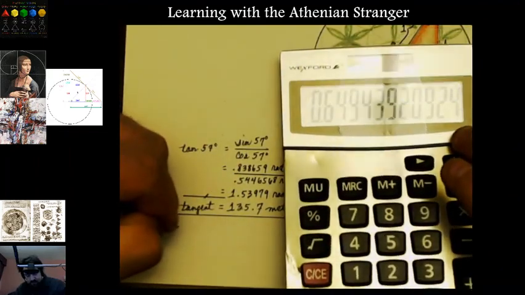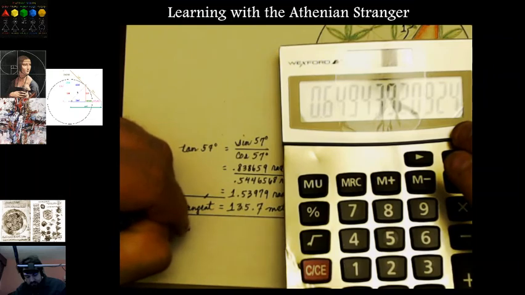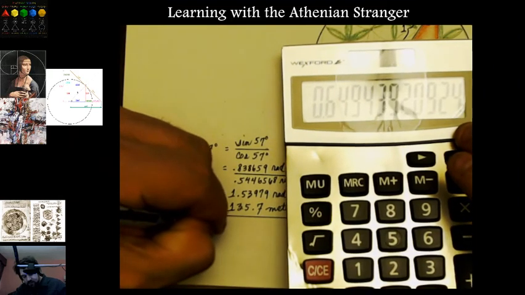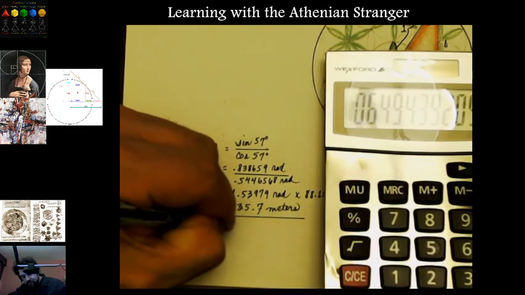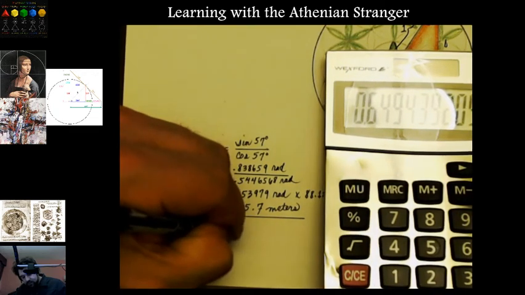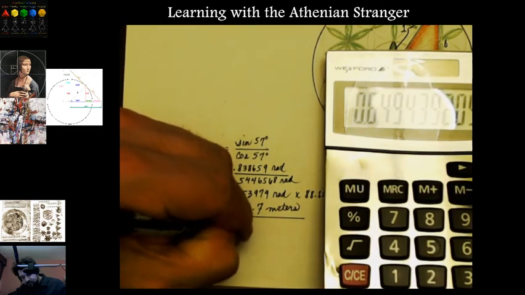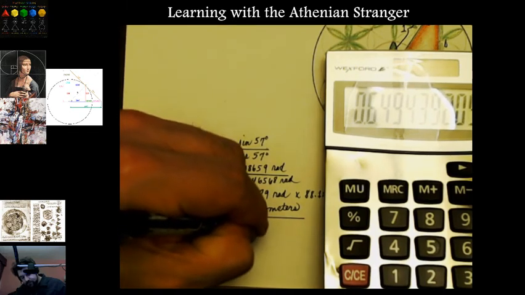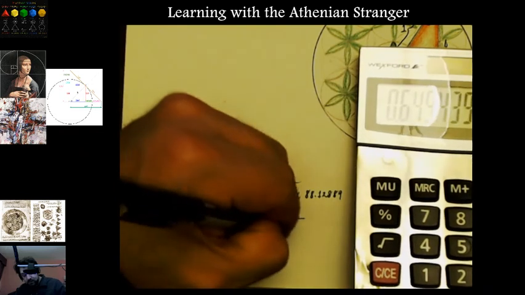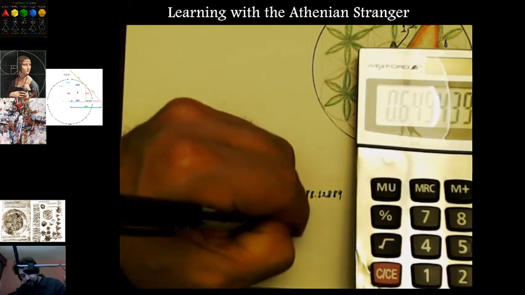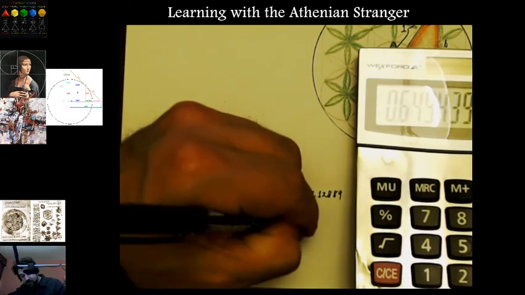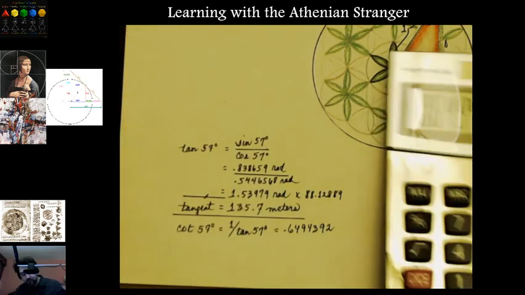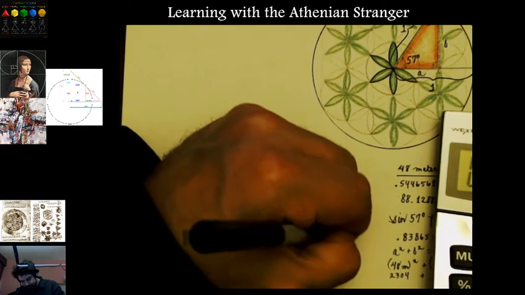That's right. Cotangent of 57 degrees equals 1 over the tangent of 57 degrees, which equals 0.649432 radians.